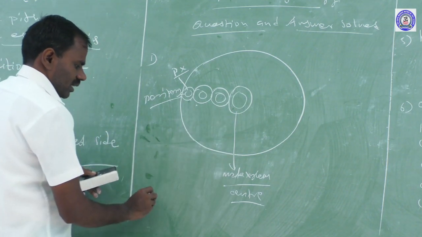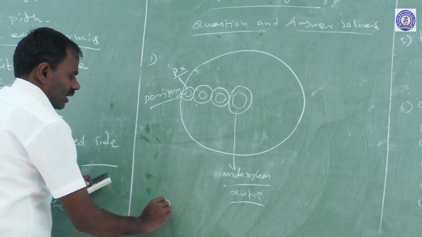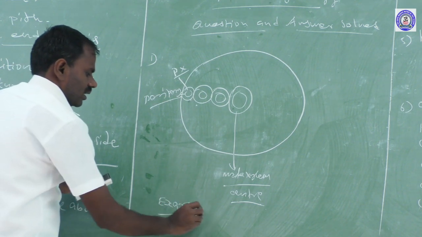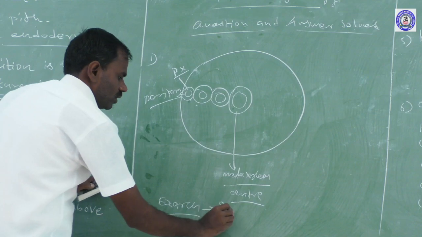The type of xylem arrangement where protoxylem is on the periphery and metaxylem towards the center is called exarch. These exarch xylems are found only in the root system.